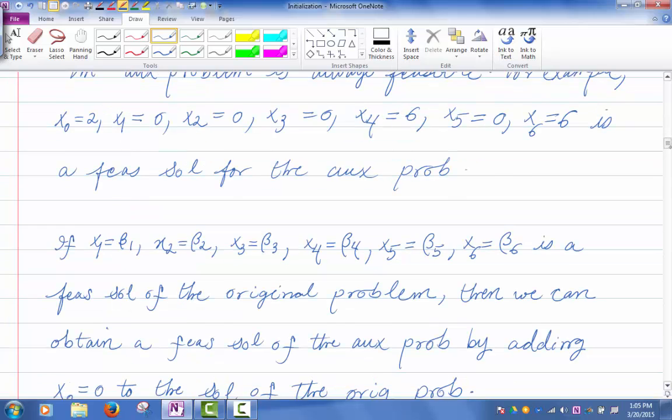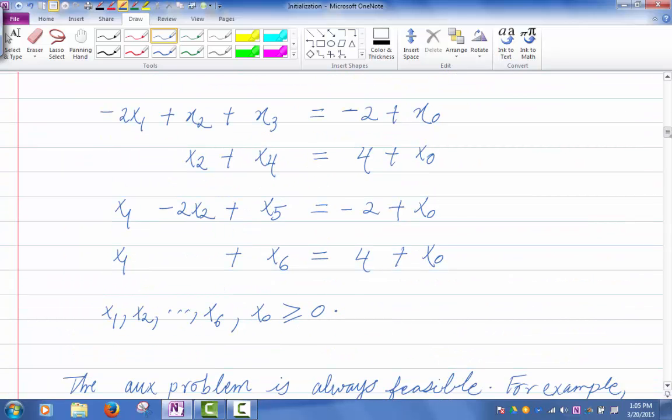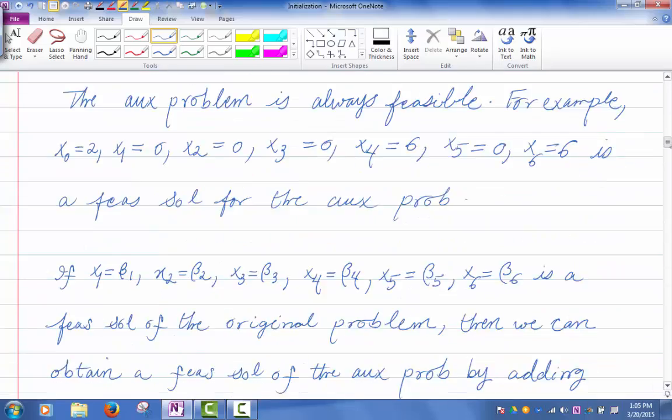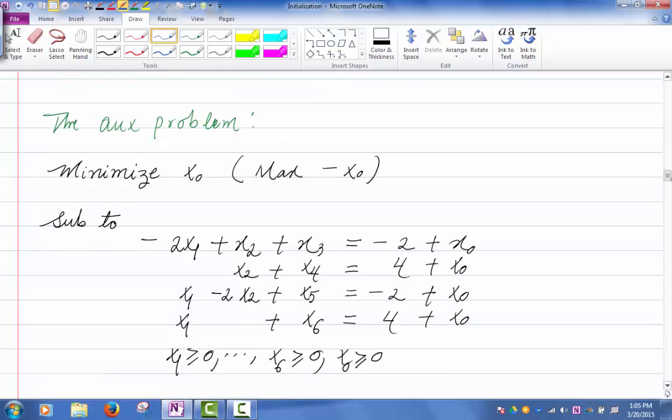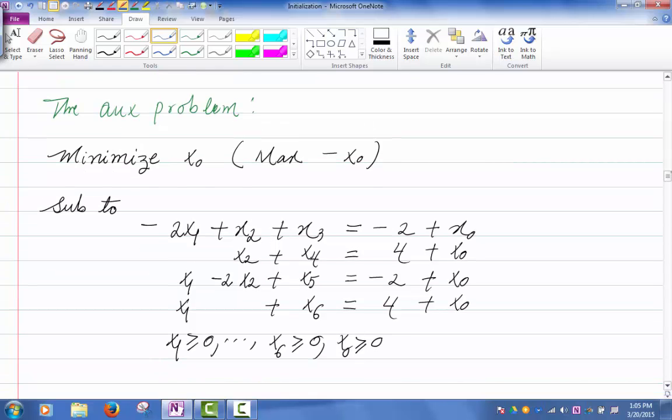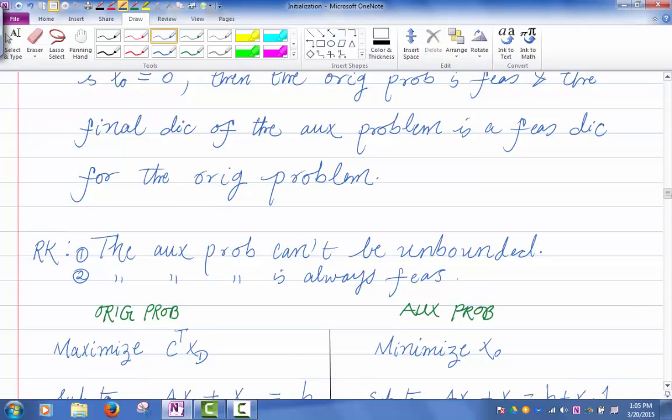Once you do that, you get this auxiliary problem, where we are minimizing x0, which is, we are maximizing negative x0, and then we have the same constraints, except that we are adding the auxiliary variable x0 on the right hand side. And then we're going to set up the initial dictionary for the auxiliary problem.